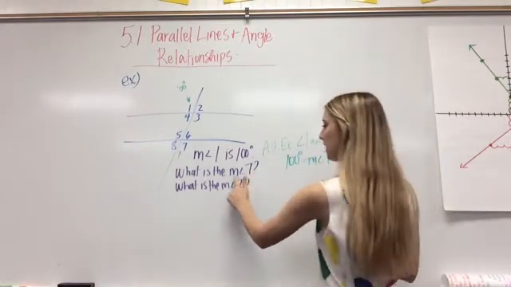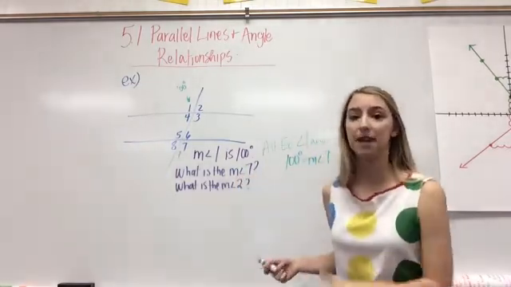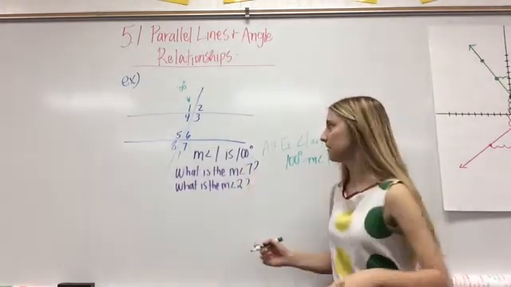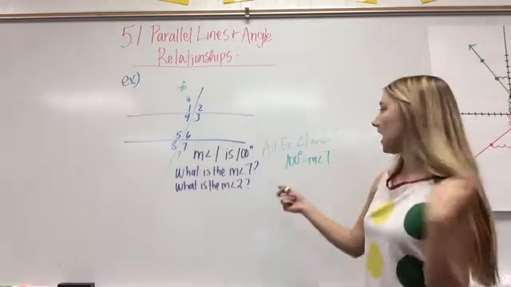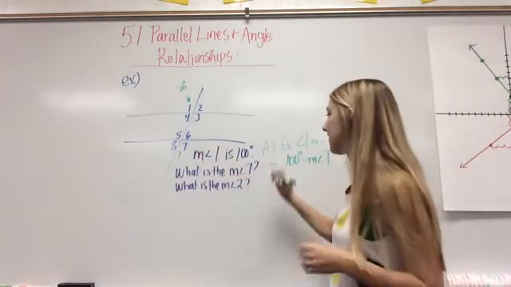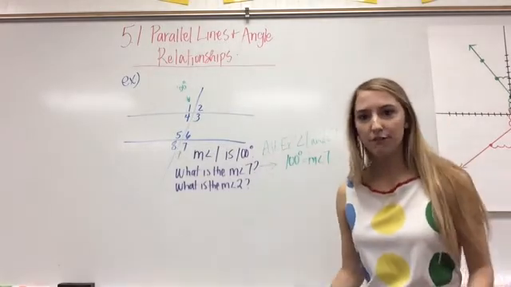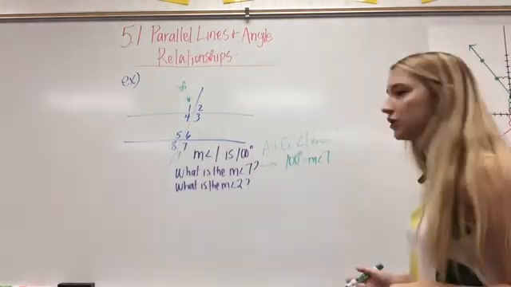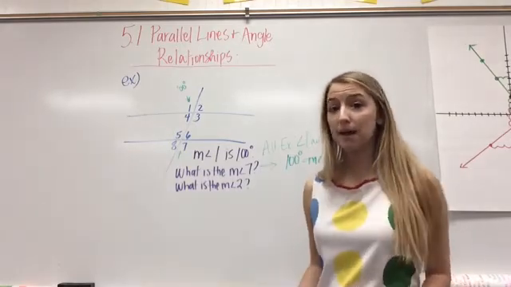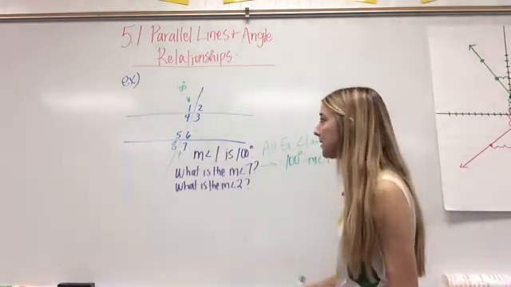So when I put the M and then this angle sign, that means the measure of angle 7 or the measure of angle 2. Okay, so we know that angle 7 is 100 degrees. So I can write that there. And then we're asked to find what is the measure of angle 2. And I don't think we talked about this, but we'll talk more in depth about it tomorrow in class.